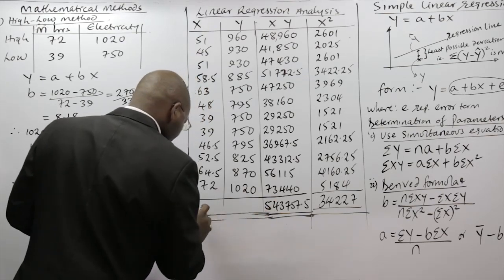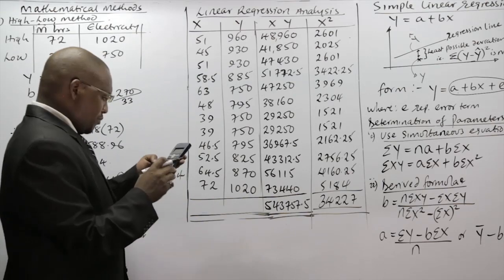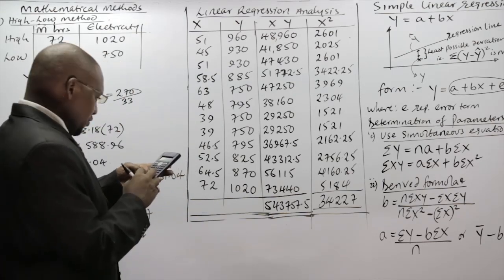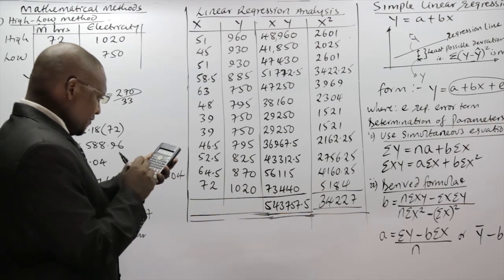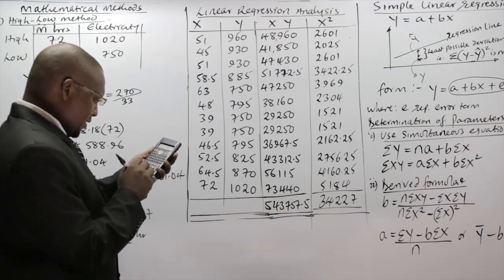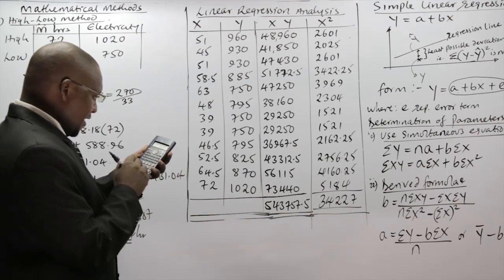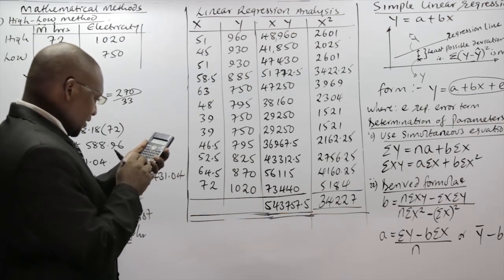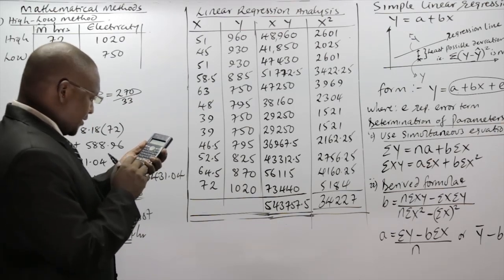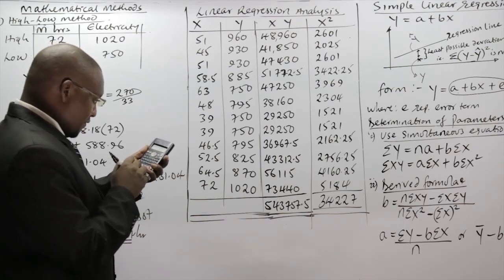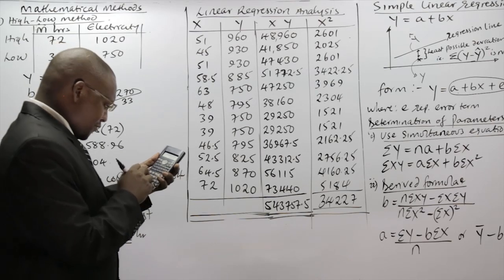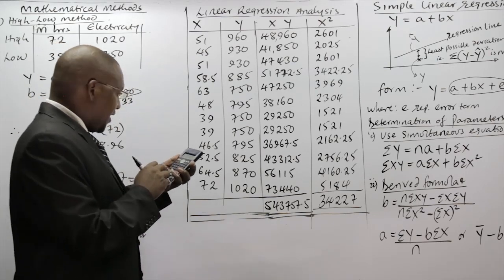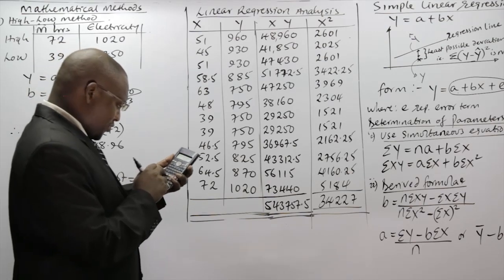So if I need again to get the totals for y and for x, I'll add the columns. I am having 51 plus 45 plus 51 plus 58.5 plus 63 plus 48 plus 39 plus 39 plus 46.5 plus 52.5 plus 64.5 plus 72.